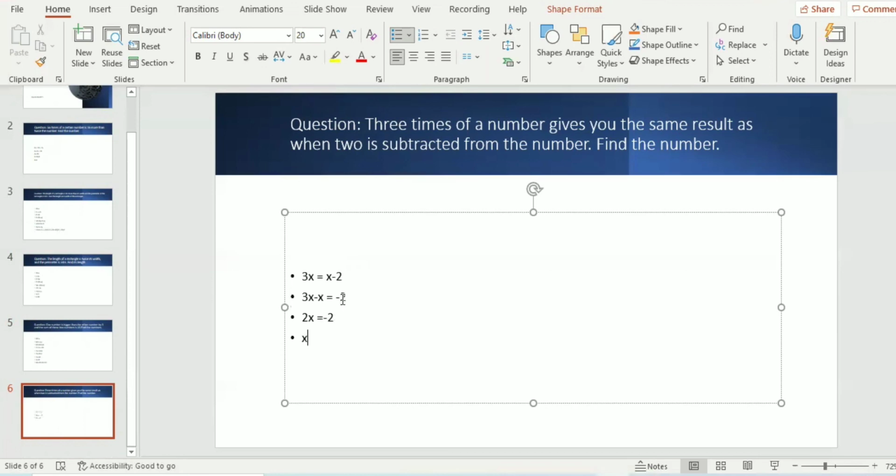Now x is equal to minus 2 divided by 2, which is x is equal to minus 1. So the number is minus 1. If you put that number in the initial equation, 3 into minus 1 is minus 3, equal to minus 1 minus 2 is equal to minus 3. So this number is satisfying our equation, and this is our required number.